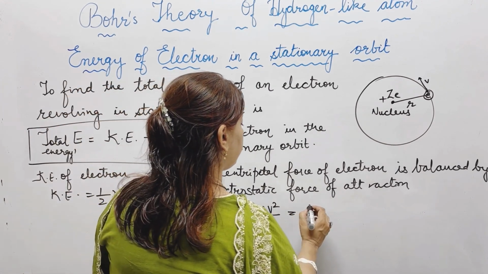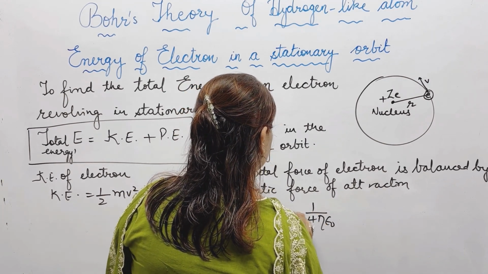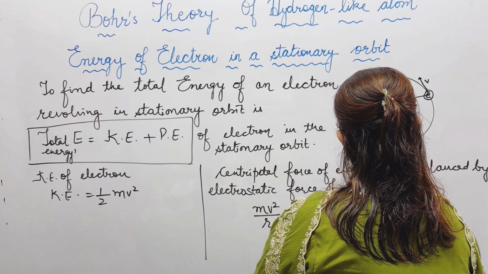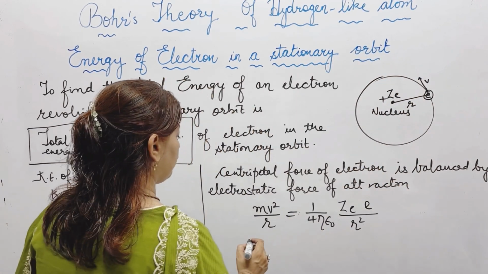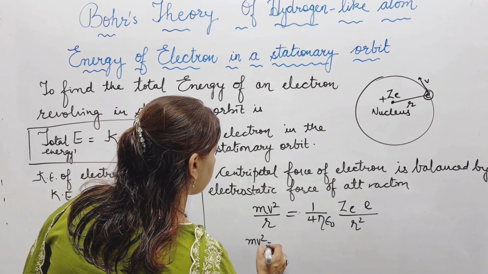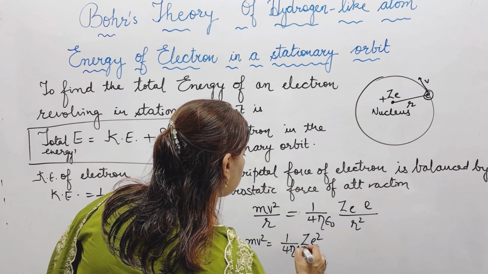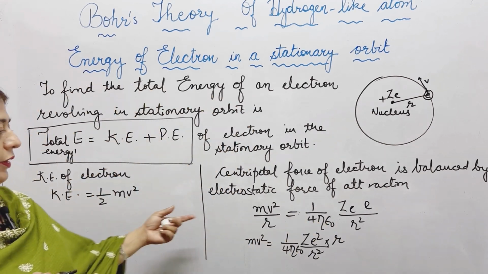This thing is equal to 1 upon 4 pi epsilon naught Ze into e over r square. This is the electrostatic force. So from here we have mv square is equal to 1 upon 4 pi epsilon naught Ze square over r square into r. I have rearranged.